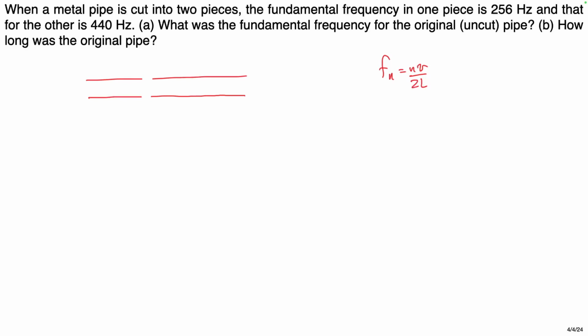So this longer one must be the 256, and this one has to be the 440 hertz pipe. All right. So we know that, okay? And we know that those are the fundamental frequencies for both of these pipes. So if we want to find the original uncut length, we need to find the lengths of each of the individual pieces. And when we've got that, we can add them together. So how do we find the length if we know the frequency?